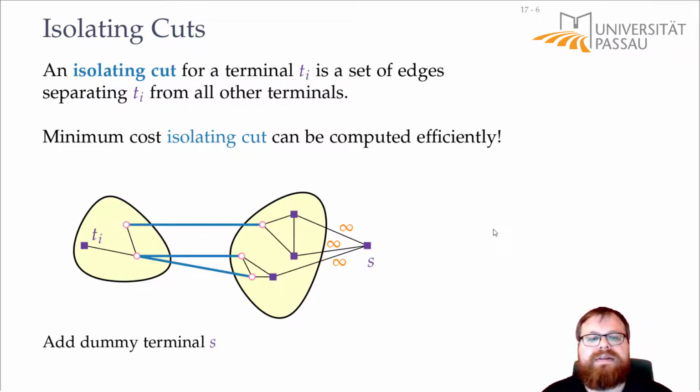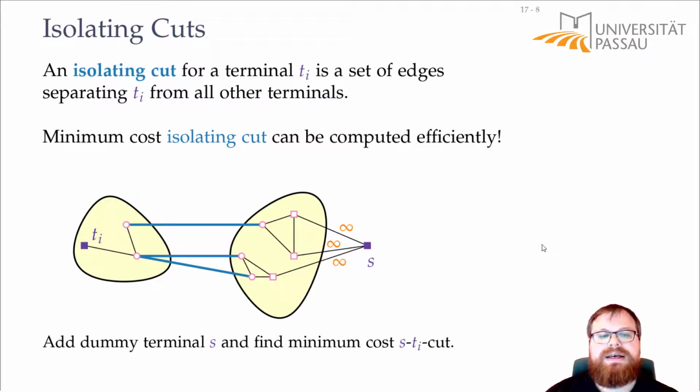We don't want to find anything that cuts through these edges. And now all the terminals that we have left, we just make normal vertices. So this gives us just two terminals, S and Ti. And we try to find a minimum cut between S and Ti. And that gives us a valid isolating cut for Ti.